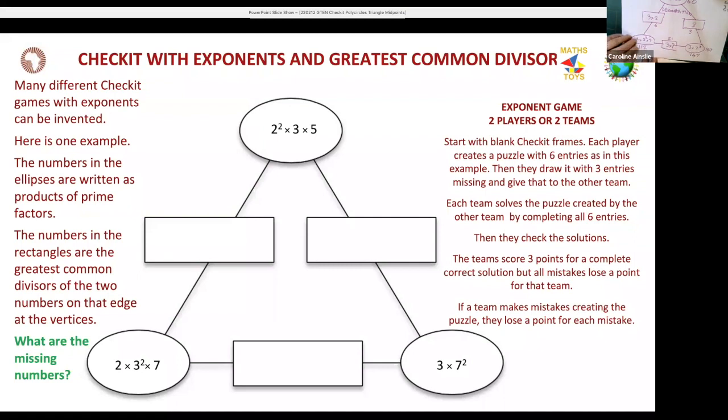What's the lowest common multiple of the 2 numbers at the vertices, and put that in the boxes? So with the one frame, as you see it on the screen, there's another variation that you can play right away.